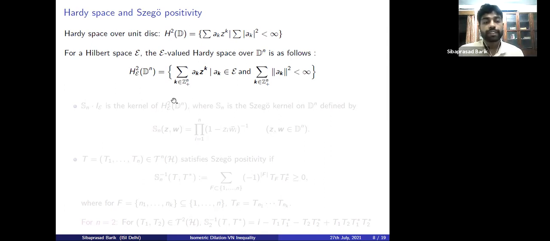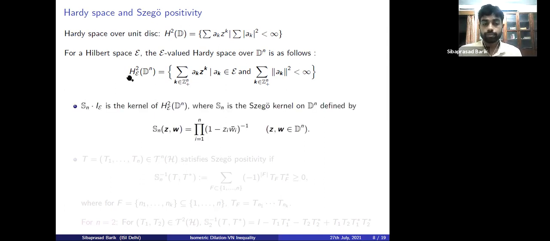And it is a well-known fact that Hardy spaces are reproducing kernel Hilbert spaces. So it has a kernel function. And the kernel function of this Hardy space H2(E, D^n) is S_n times the identity of E, where S_n is the Szego kernel on the unit polydisc, defined in this way: S_n(z, w) is the product of (1 minus z_i w_i bar) inverse.